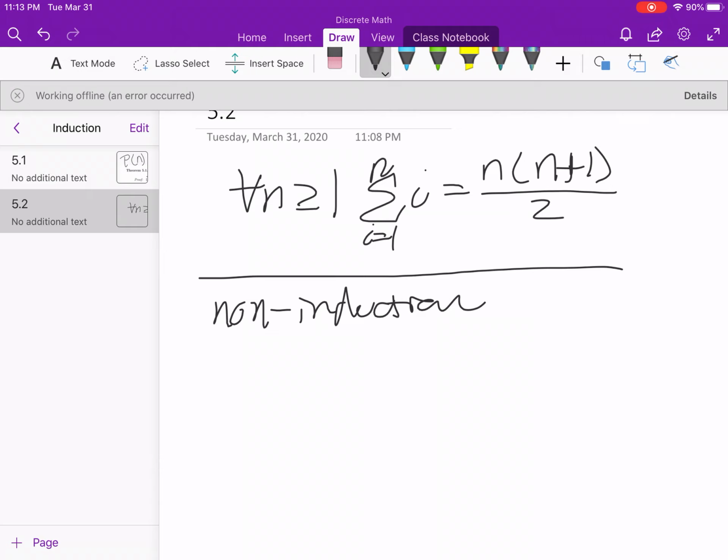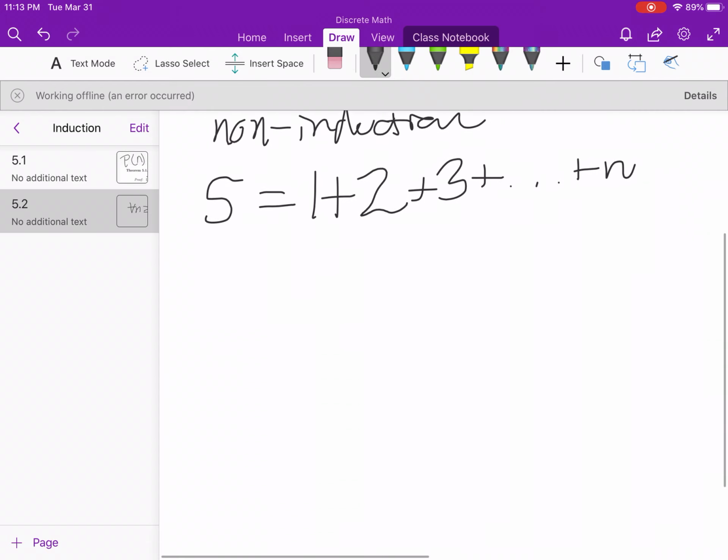Well, this is a finite sum here, so I could just suppose that the sum, I'm going to call it S. S is the value of the sum. Since it's a finite sum of numbers, it should have a value. And so I want to see the way I can figure out what this sum is equal to.